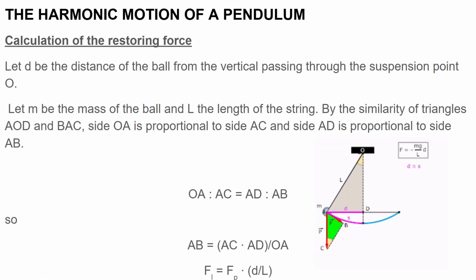In this case, the component Fl is equal to the product between the weight force times the distance of the ball from the vertical passing through the suspension point O, divided by the length of the string.